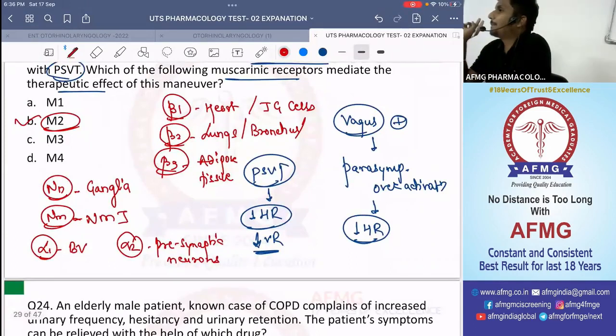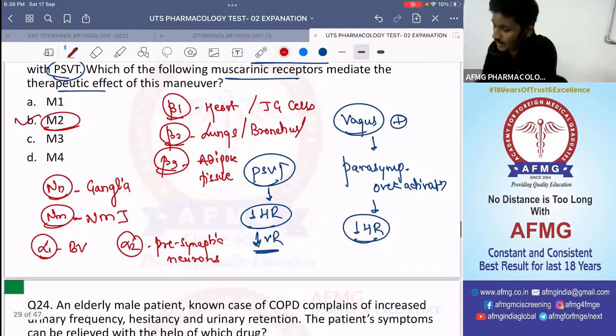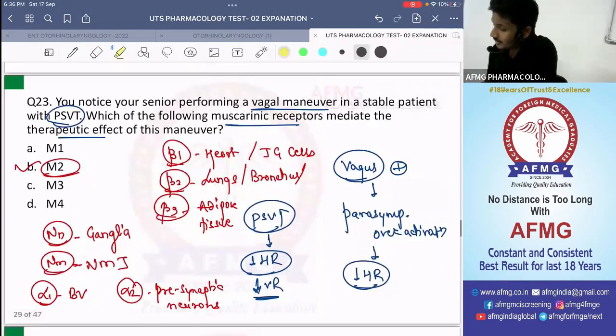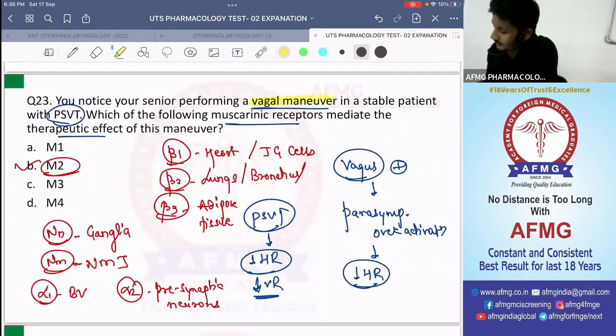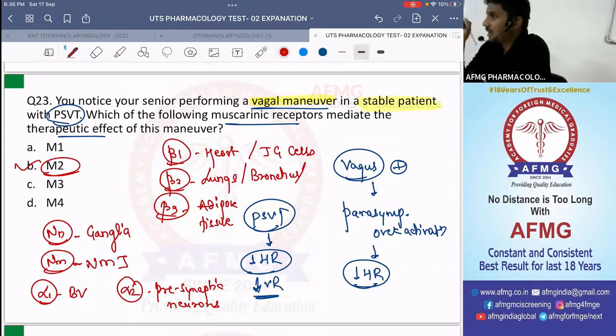So why were we doing carotid sinus massage in PSVT here? Why were we doing the vagal maneuver? Because the patient was a stable patient. If the patient is not a stable one, that means his hemodynamic profile is deteriorating. If his BP is falling, then in this condition what do we do?